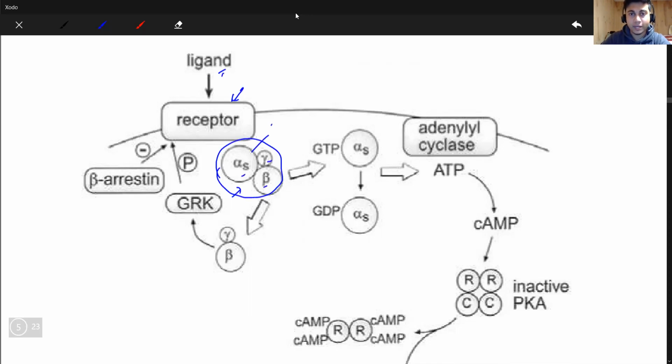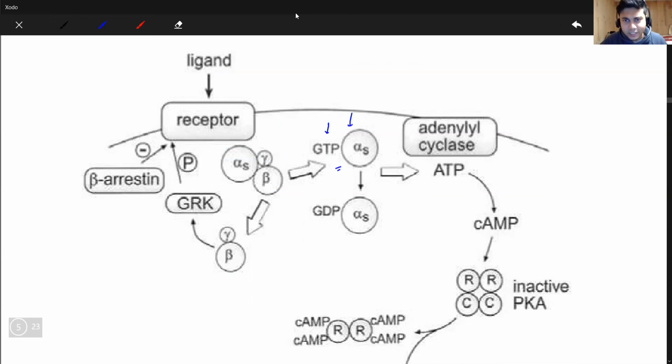The alpha subunit has GDP attached to it, but whenever the ligand binds to this receptor, the alpha subunit receives the signal, attracts the GTP and gets rid of the GDP, right? And when this GTP binds to the alpha subunit, as you can see, alpha is detached from the beta and the gamma subunits.